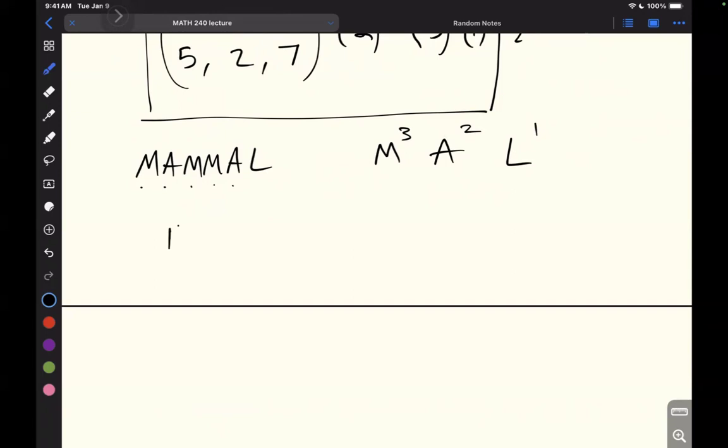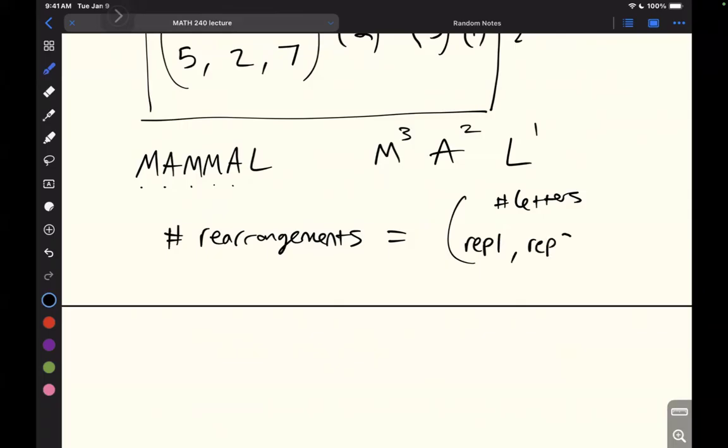Exactly. And so the number of rearrangements is equal to the number of letters choose the repeat 1, repeat 2, and so on. So this is 6 choose 3, 2, and 1.